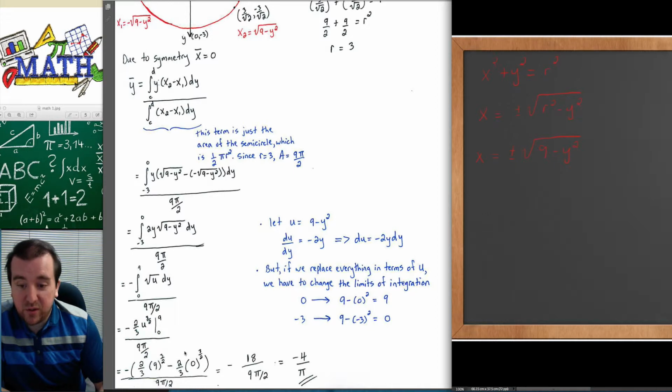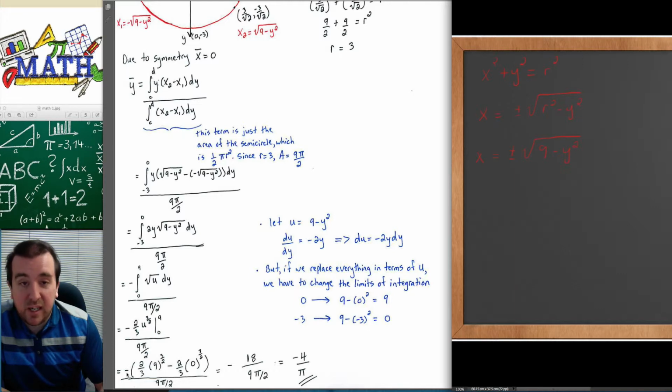The second term is all 0, as we've seen before, so we get just -18 over 9 pi over 2.